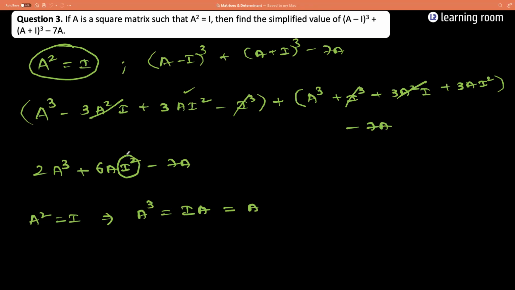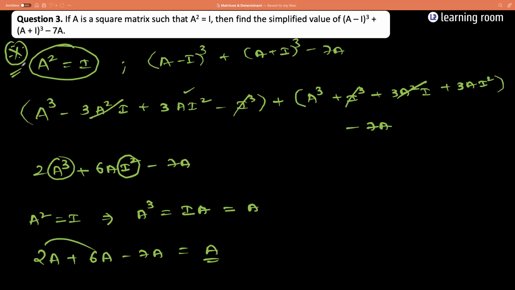I. So I into A is again A. So A cube I can replace with A, plus 6 times this I can replace with A, minus 7A. So like how you told, the answer is A. This is the simplified form they are expecting. I hope everyone is clear, right? A good problem. Mark it as important.